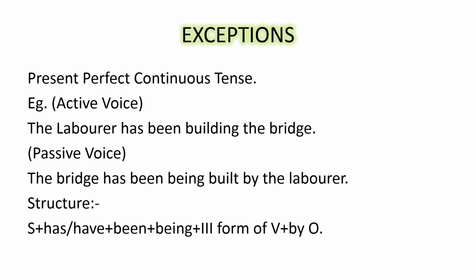We also have exceptions in the use of perfect continuous tenses. For example, in present perfect continuous, if there is an example, the laborer has been building the bridge, then it can also be changed into passive voice.